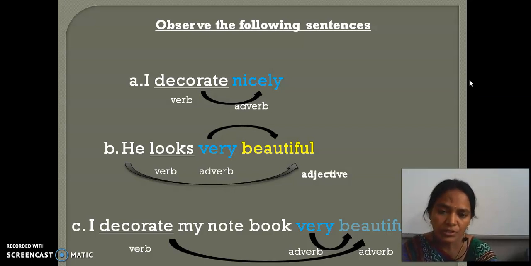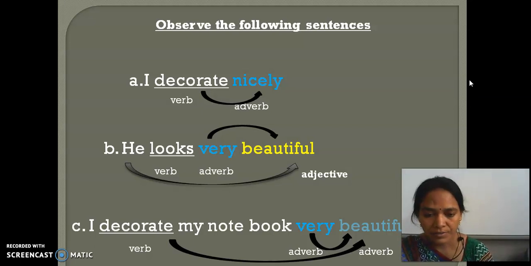Just recall to your mind the definition of adverb. What is the function of an adverb? Adverb is nothing but adding meaning to a verb, adjective or another adverb. And we are going to see the third aspect, adding more meaning to another adverb.